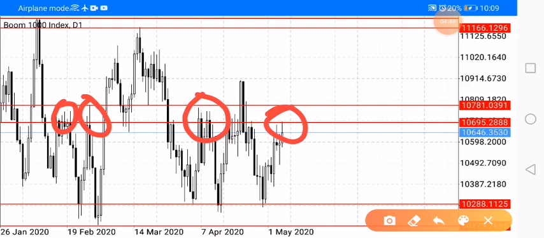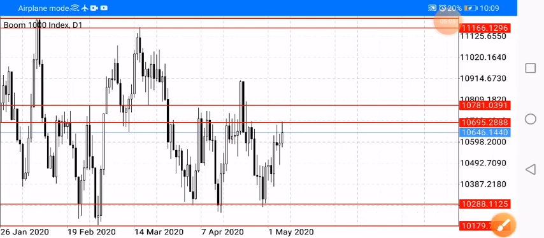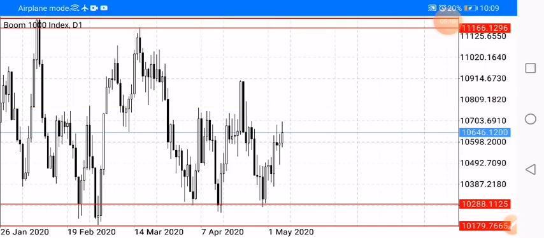It makes us think that there must be some sort of resistance or force around this point. See here, price again was pushed up as it was trying to rally down. So it's a region to keep in mind. However, once I have my main support and resistance, I am good to go.